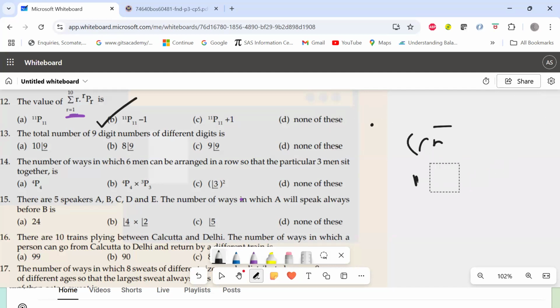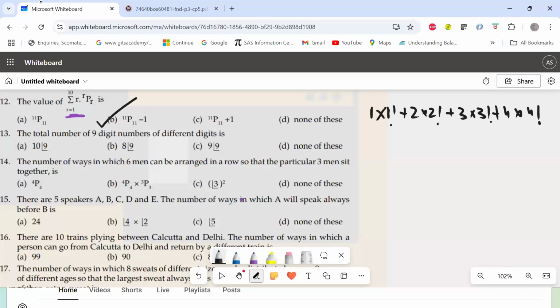This is a formula in terms of n. Otherwise, if you want to prove this, you can do 1 into 1 factorial plus 2 into 2 factorial plus 3 into 3 factorial plus 4 into 4 factorial. So 1, 2 into 2 factorial is 4, 3 into 3 factorial is 18, 4 into 4 factorial is 96.